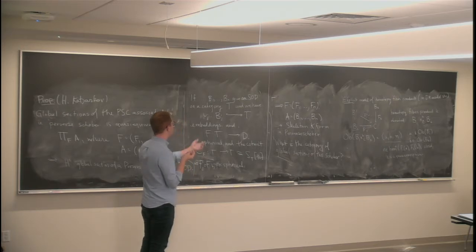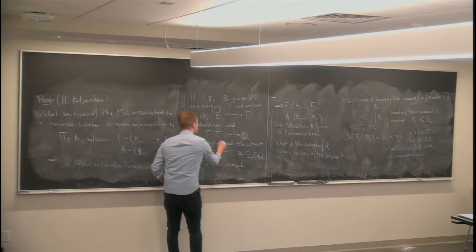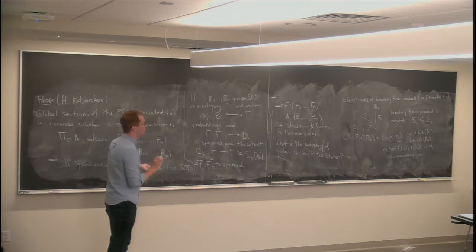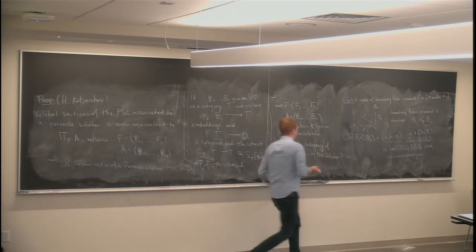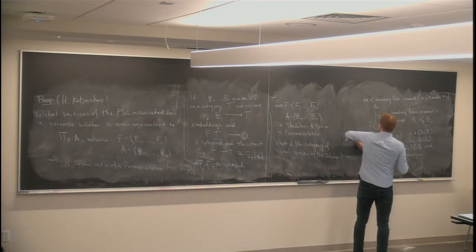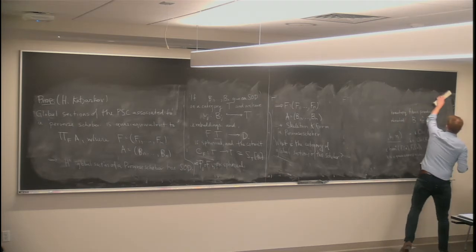What you would expect is that this comes from a category T plus some data. What you would hope for is that you can just reconstruct the category T from this. And of course that's true, but this needs a little work. It's not a lot of work, but a little work.